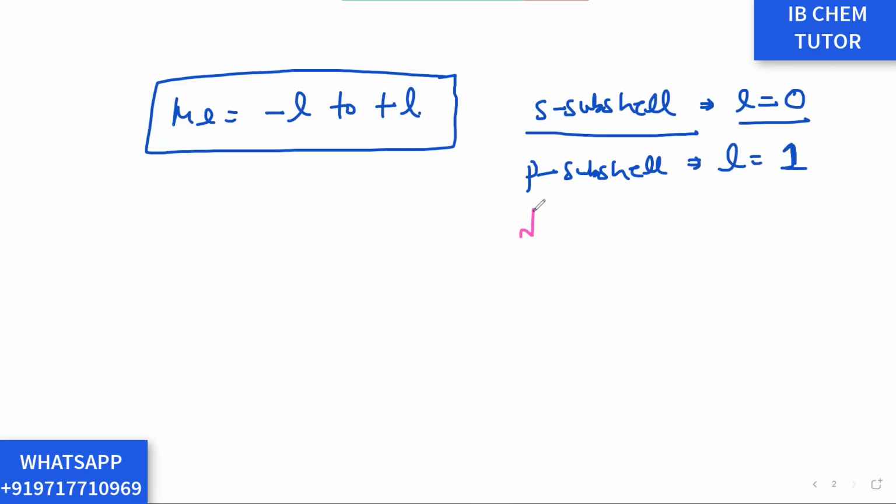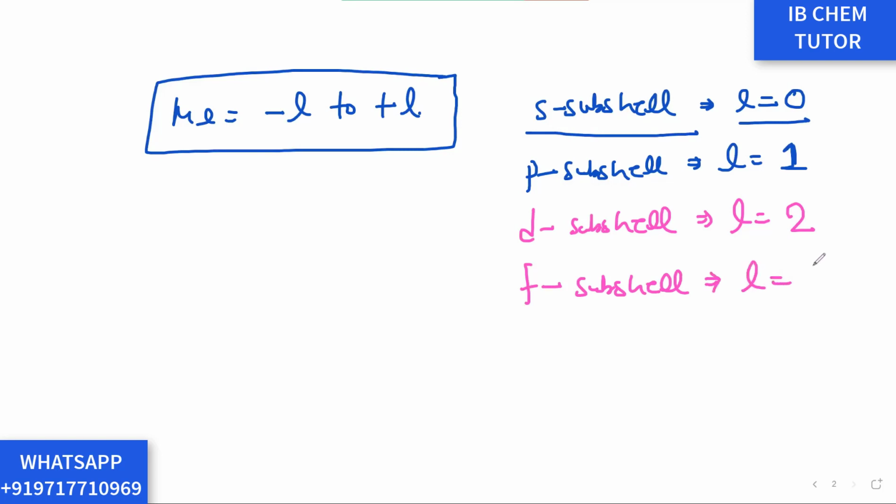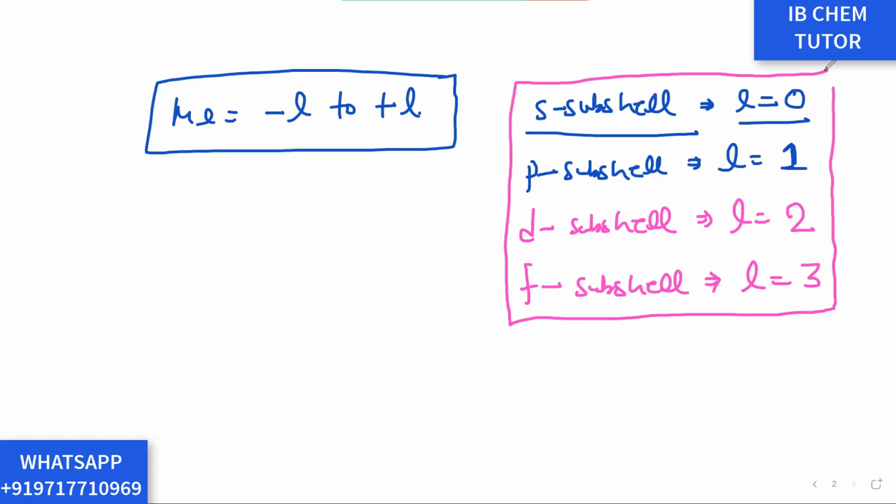For the D subshell, the value of L is taken as 2. And for the F subshell, the value of L is taken as 3. Okay. So just keep this in your mind. This we have discussed in the last class.